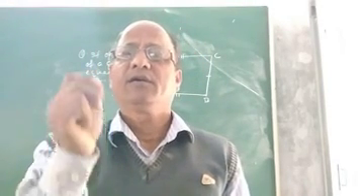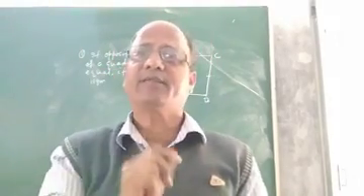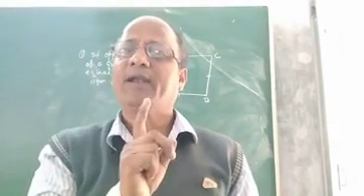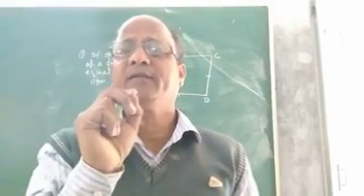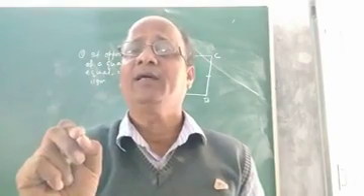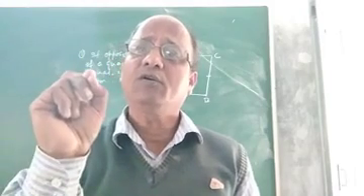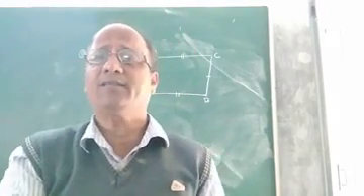In a parallelogram, we know that both pairs of opposite sides are what? Equal. Not only that, if both pairs of opposite sides of a quadrilateral are parallel, then that is a sufficient condition to establish that the quadrilateral is a parallelogram.